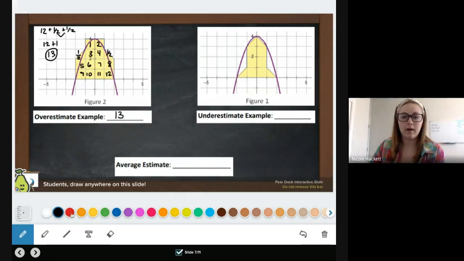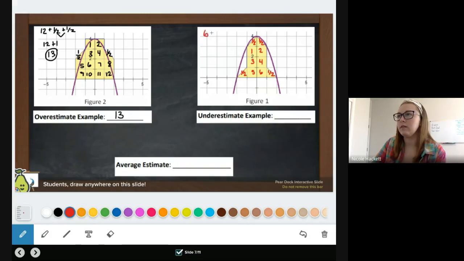Now let's check our underestimate. So notice we've got some half ones here. So I've got a half. I've got a half. 1, 2, 3, 4, 5, 6. I have 2 more halves. So 6 and 4 halves.